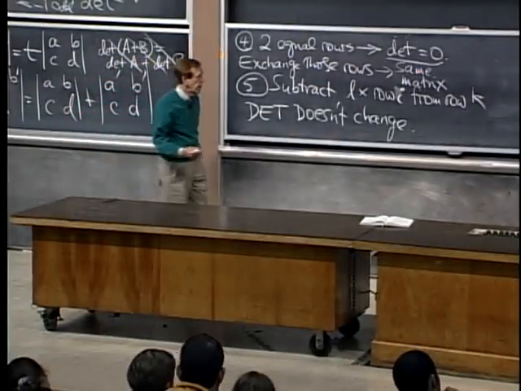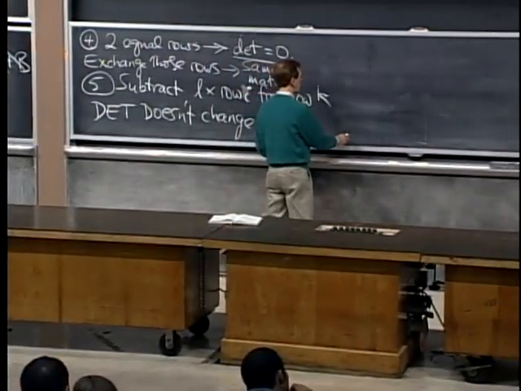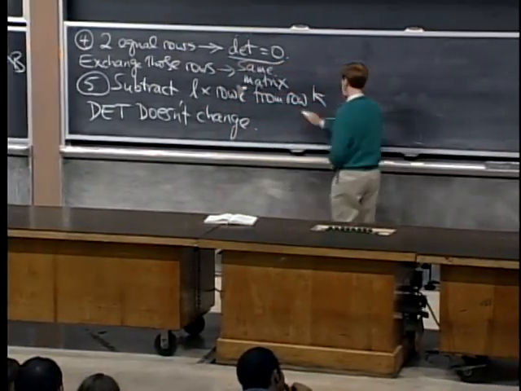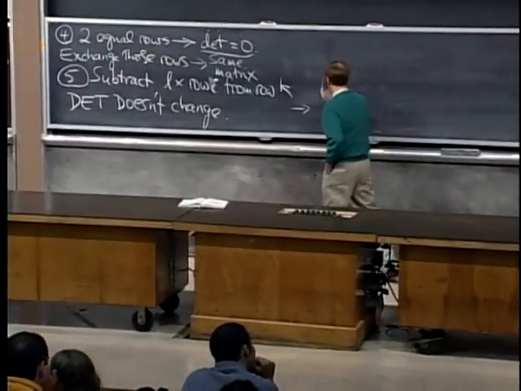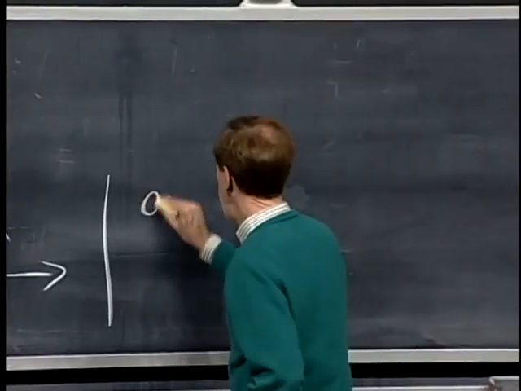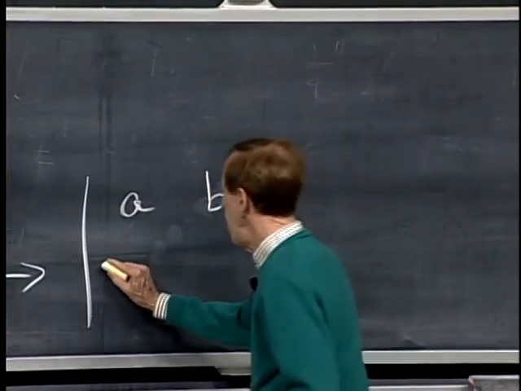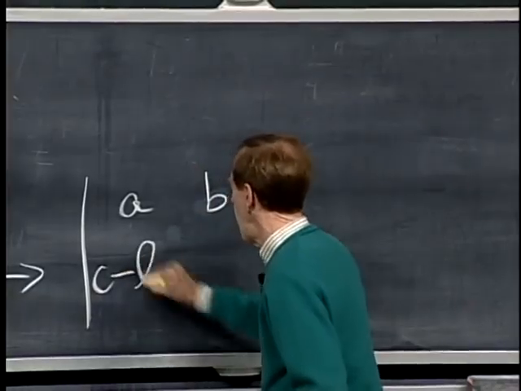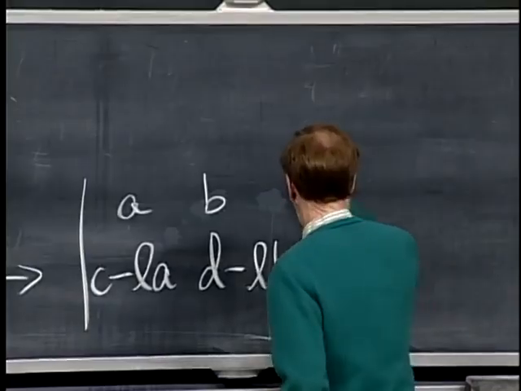Let me do the 2 by 2 case. So I'll keep property 5 going along. So what am I doing? I'm going to have A B, C D, but I'm going to subtract L times the first row from the second row.